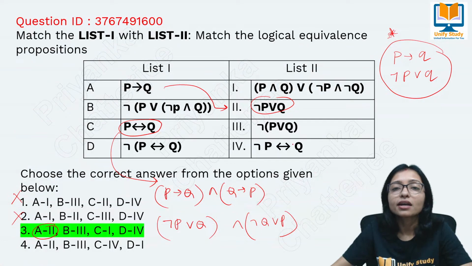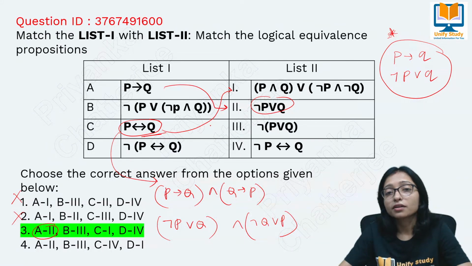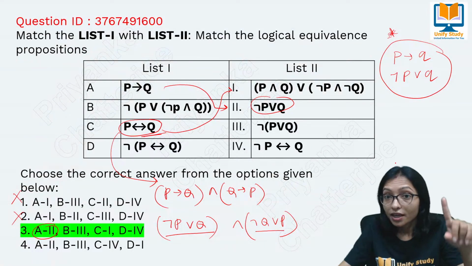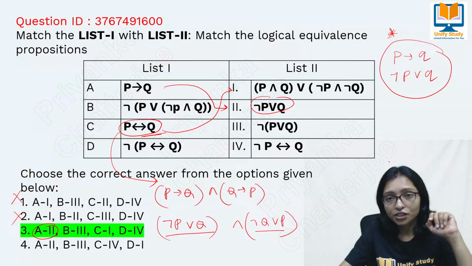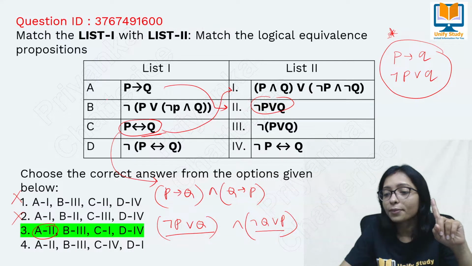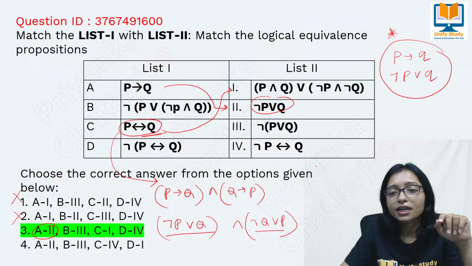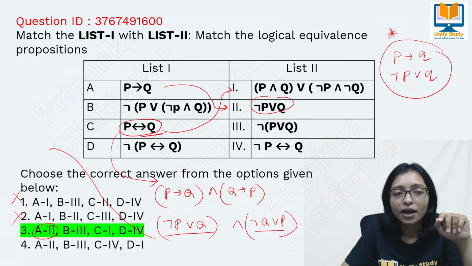So from here you will be able to relate that C is matched with this one. How? You will tell me, ma'am, you wrote here not P or Q and not Q or P. Come to the Boolean algebra concept. According to the Boolean algebra laws, here you need to apply all the laws. If I convert it into Boolean algebra format, you will understand very easily.